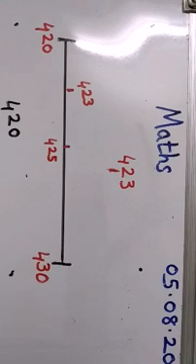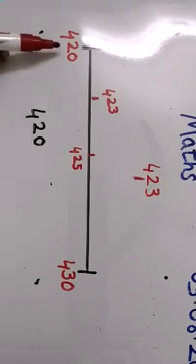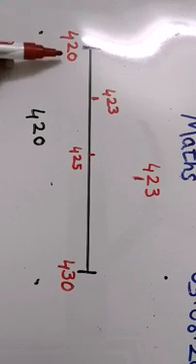Right? So children, do you see? This is my number, 420. It is moving closer to the lower 10. The lower 10 is 420.